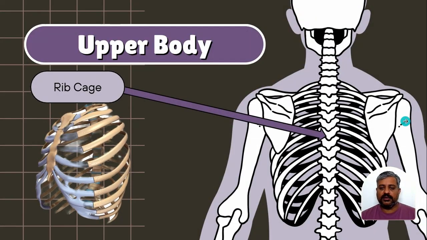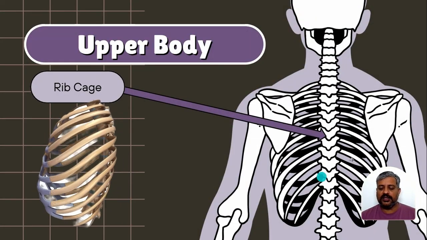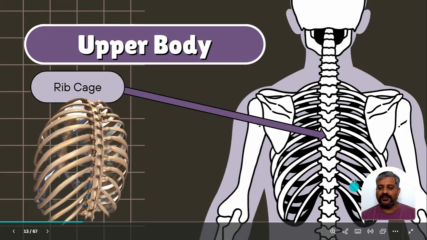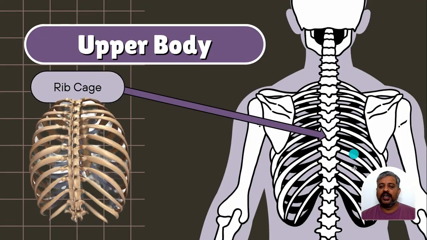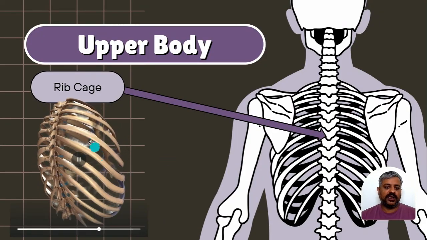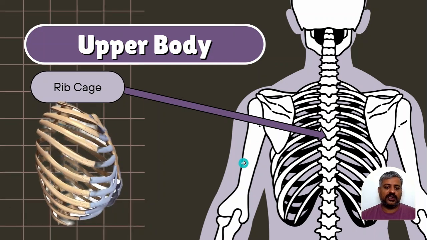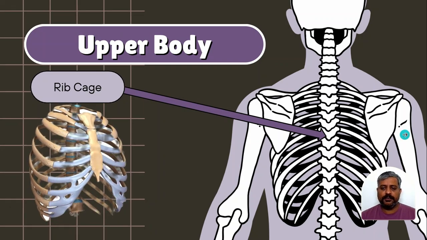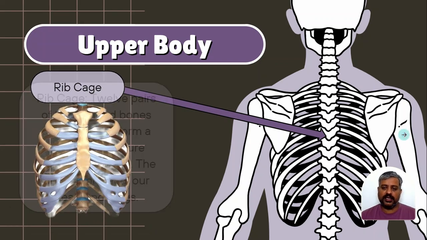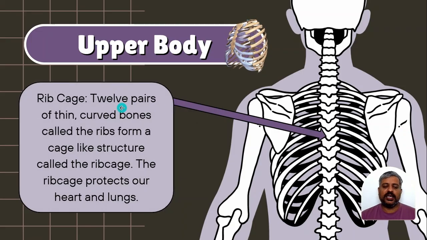Okay, here comes the rib cage. Now here you can see this is a type of cage. That is why we call it the rib cage. So what is the main function of the rib cage? Any clue? If not, then we can see further. Twelve pairs of thin curved bones called ribs form a cage-like structure called the rib cage.